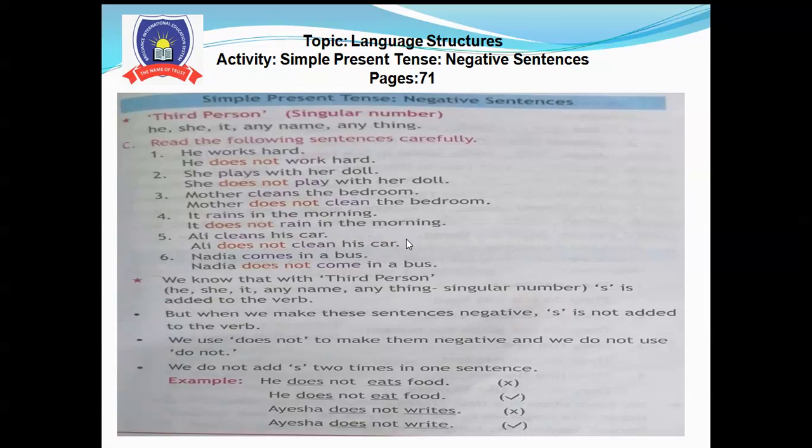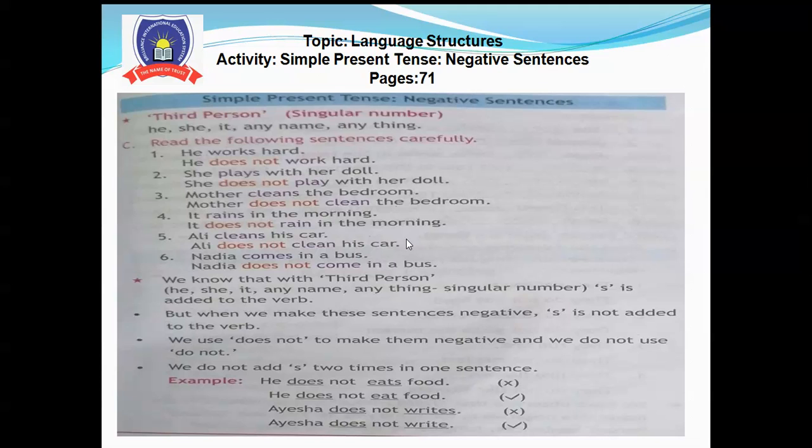Read the following sentences carefully. He works hard. He doesn't work hard. She plays with her doll. She doesn't play with her doll. Mother cleans the bedroom.